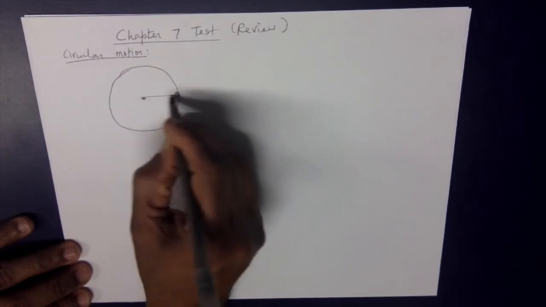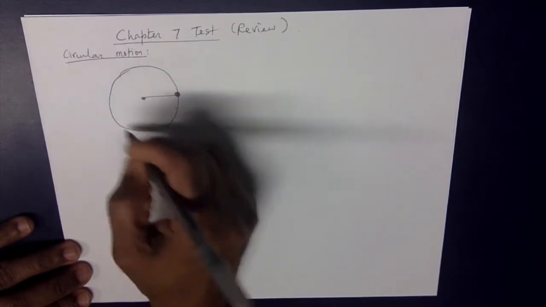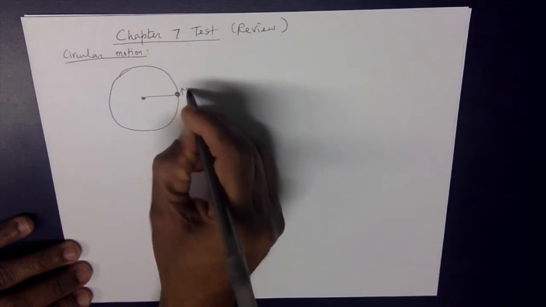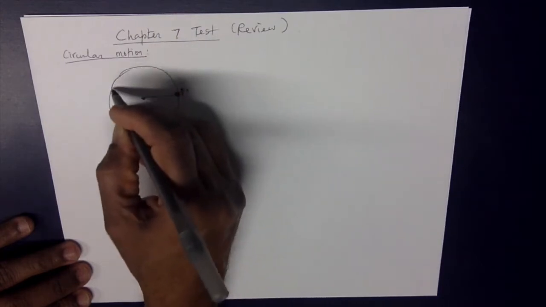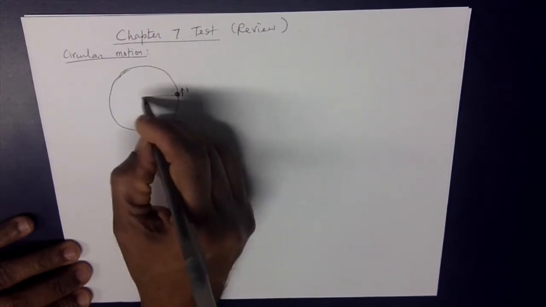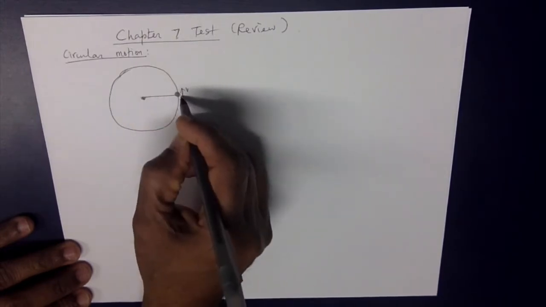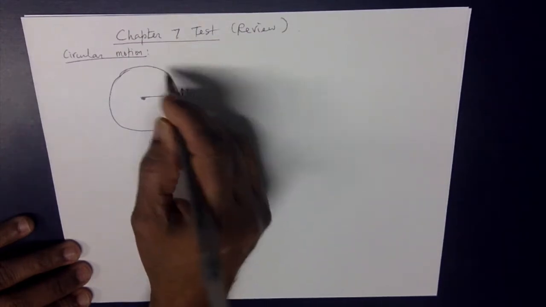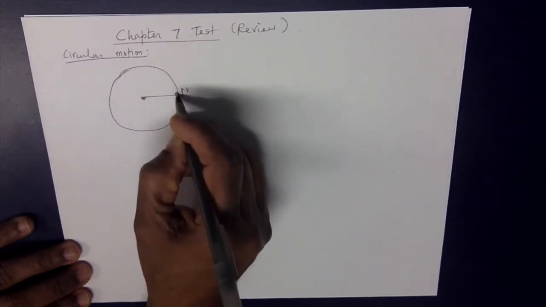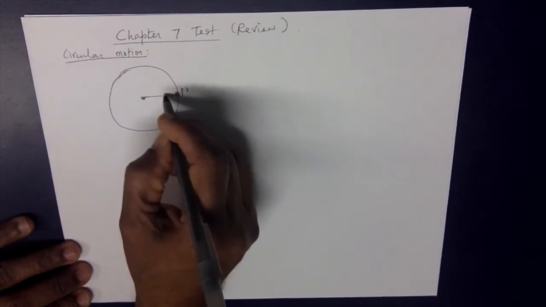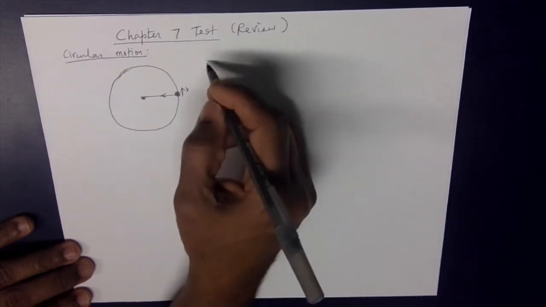When this thing is going round and round in a circular path with a constant speed, the speed is the same everywhere, but because the direction is changing, it is said to be accelerating, because there is a rate of change of velocity. And because there is a rate of change of velocity at every moment, the acceleration is towards the center. So the acceleration is towards the center. That's the first thing we did.